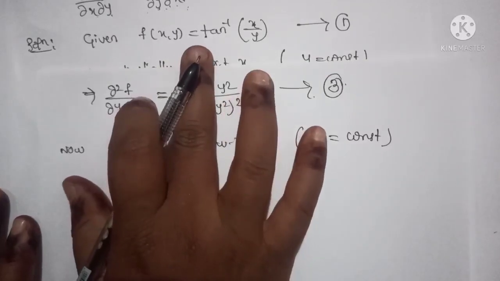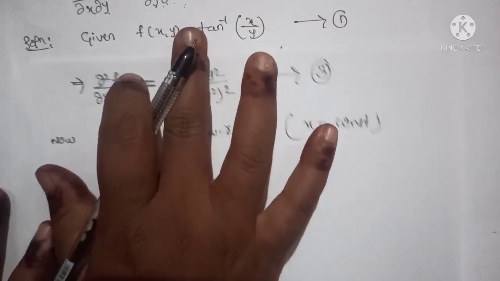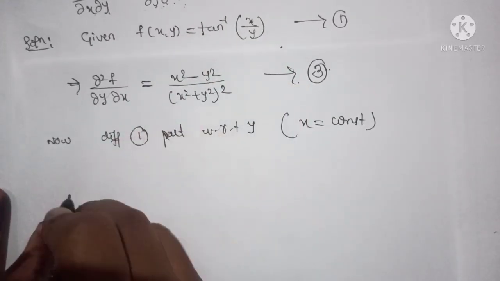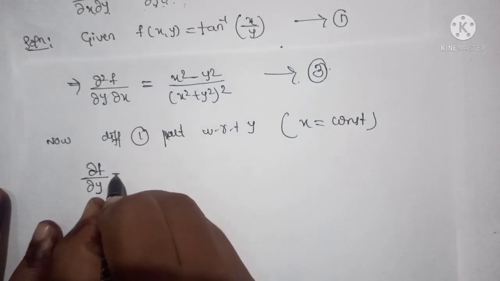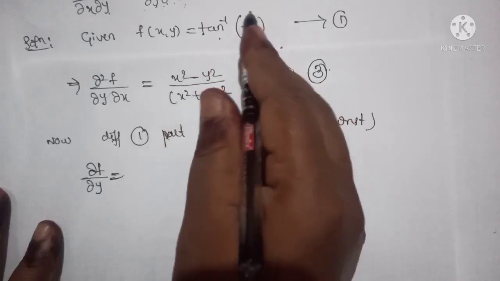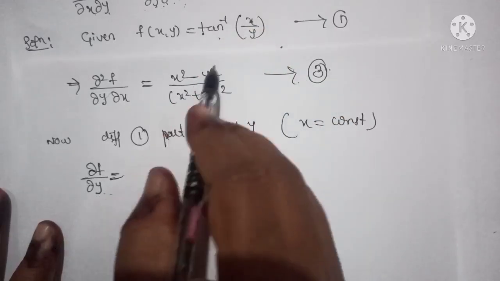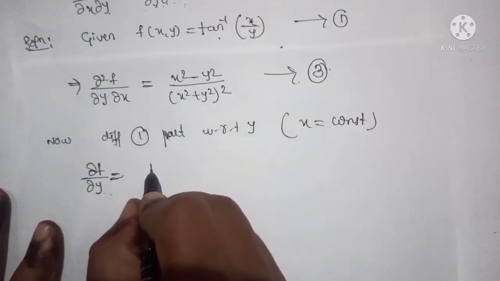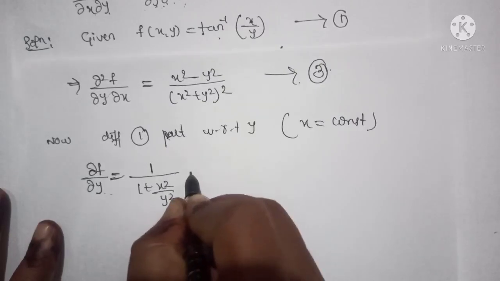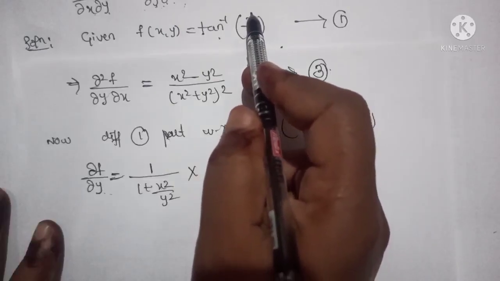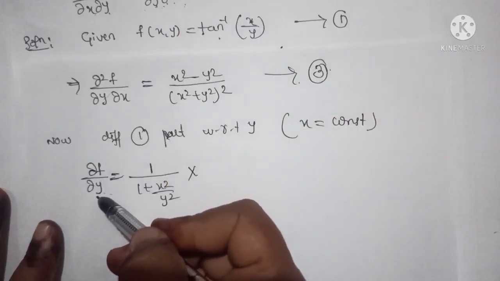So now differentiating this with respect to y, we get ∂f/∂y equals to, see here we are differentiating with respect to y. First we have to write tan inverse differentiation, that is 1 divided by 1 plus (x/y) square, into here we have to write this x by y differentiation with respect to y.